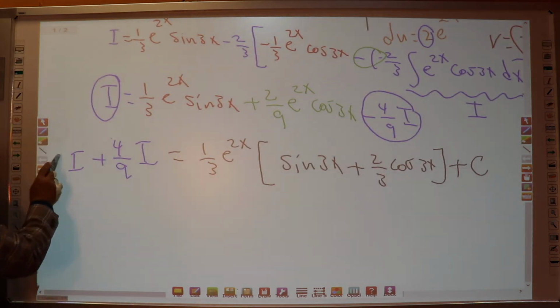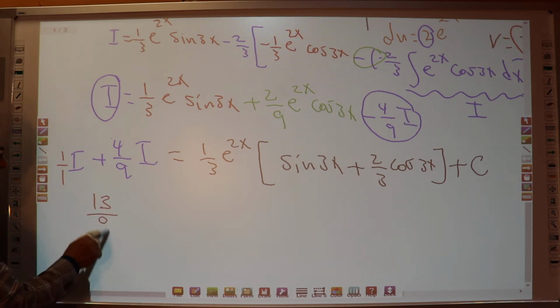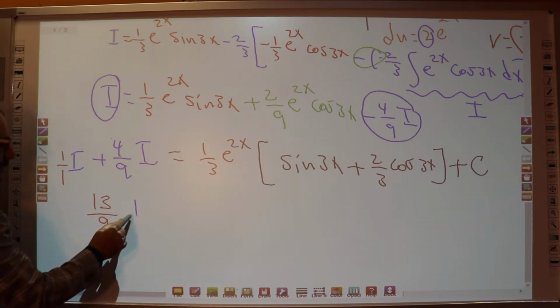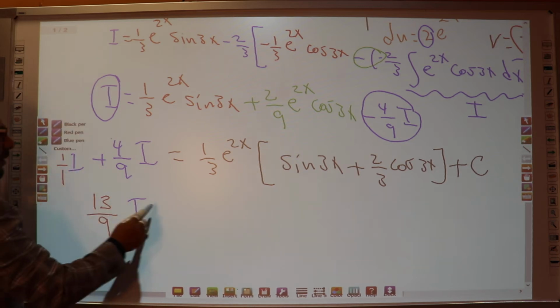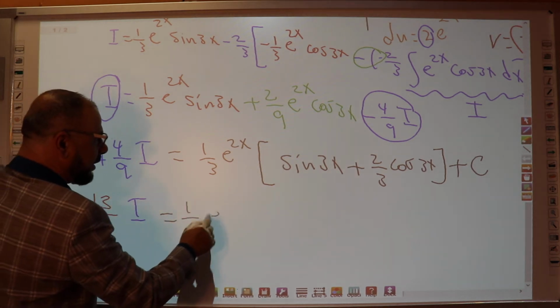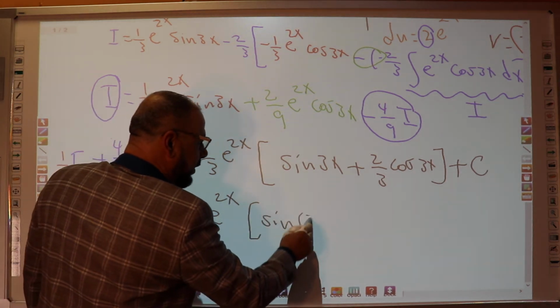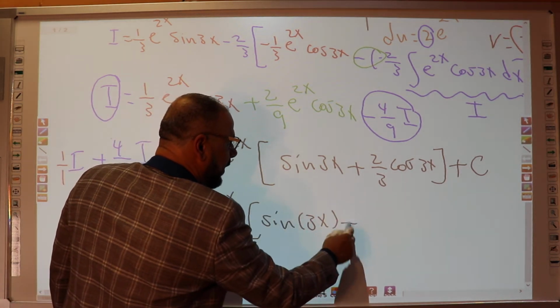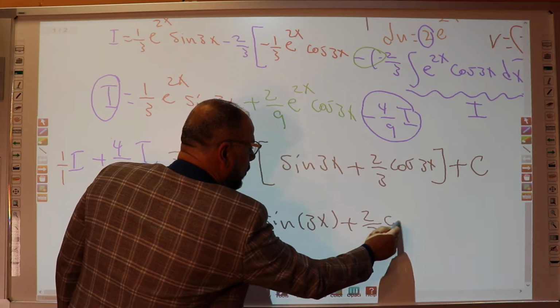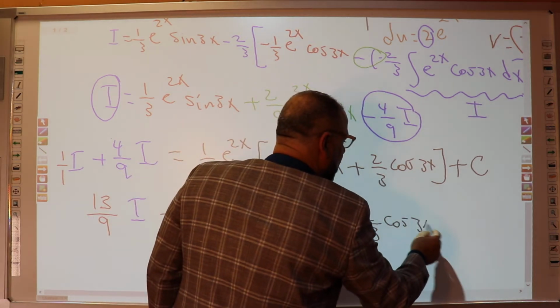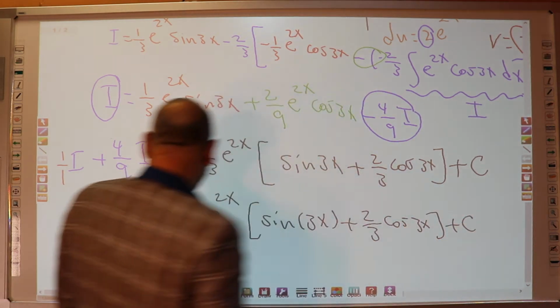This 1 over 1 times 9 times 9, 13 over 9, I equal 1/3 e to the 2x sine 3x plus 2/3 cosine 3x plus c.